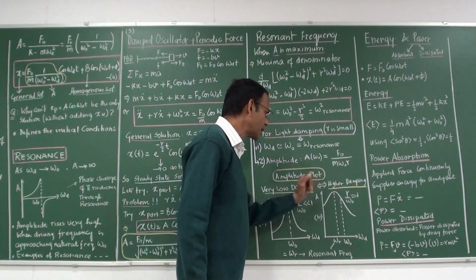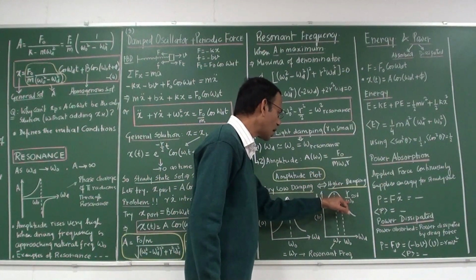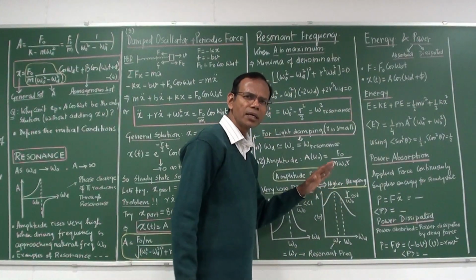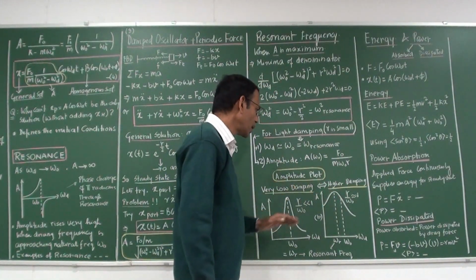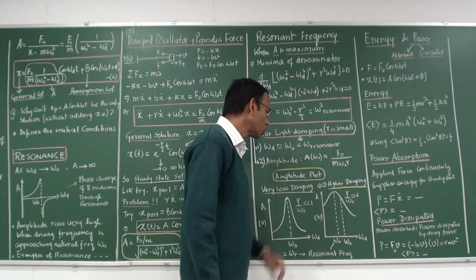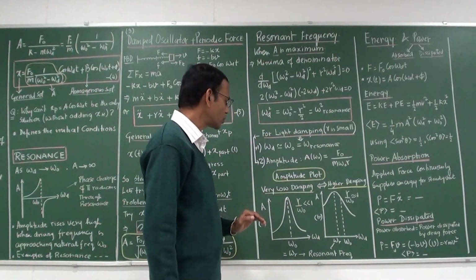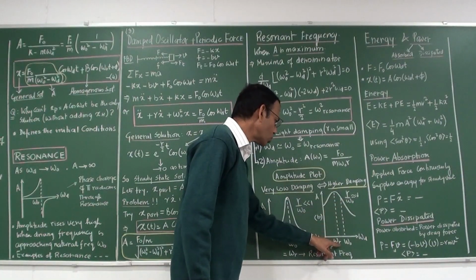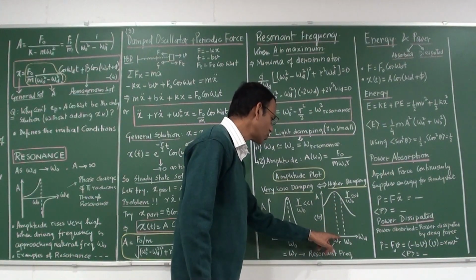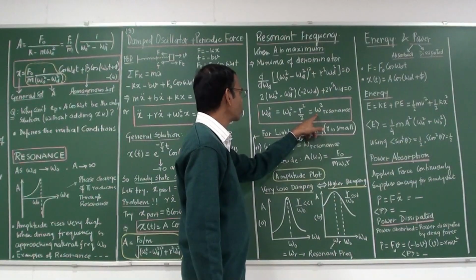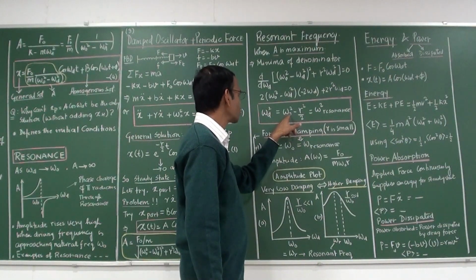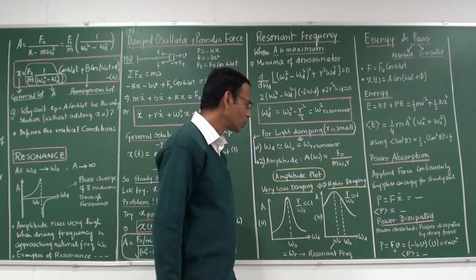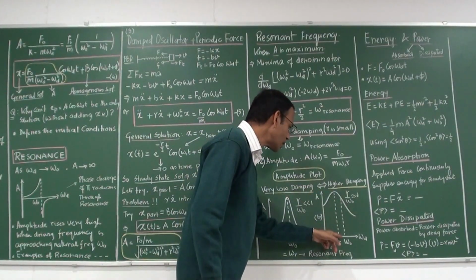Now, when there is higher damping, that means gamma is somewhere near omega 0, this is the plot of A. As you see over here, omega 0 is somewhere here, but omega r, the actual resonant frequency coming out of the expression omega 0 square minus gamma square by 2, is falling somewhere before that.